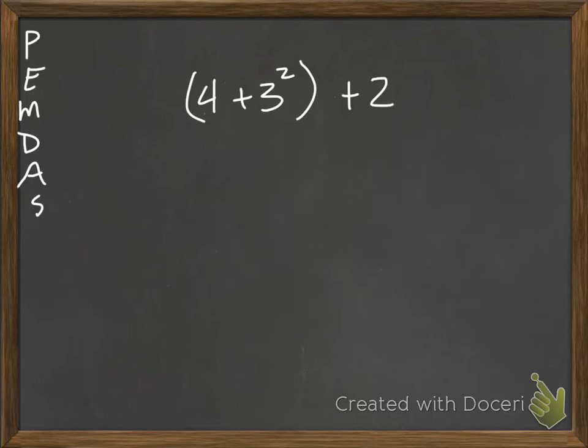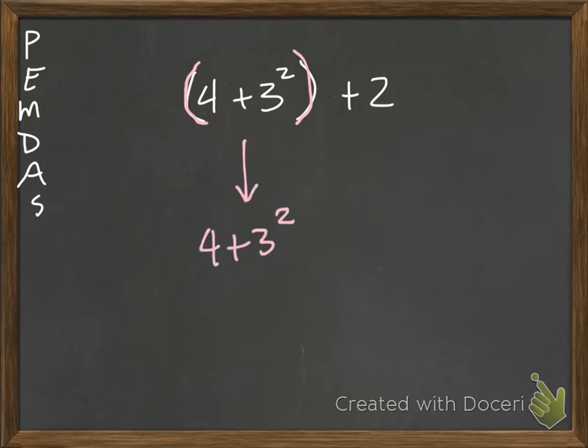If I didn't know any better, I might add these two up, 4 plus 3, and then square that. But I don't want to do that, right? I have to follow PEMDAS. PEMDAS says I'm going to do my parentheses first. So I'm going to look at this by itself: 4 plus 3 squared.